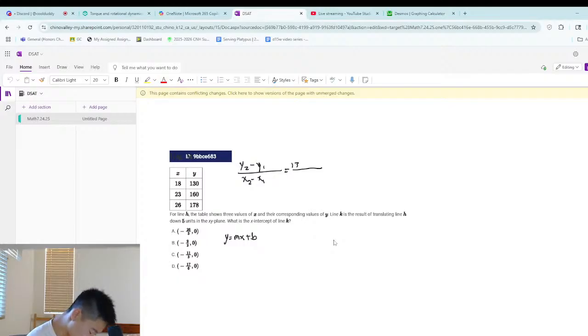Now, the x-intercept is when y equals 0, but let's first figure out what b is. So let's plug in x and y. 130 equals 6 times 18 plus b.